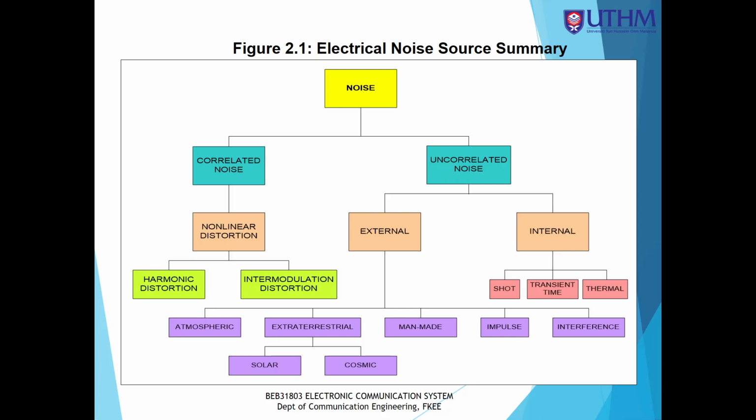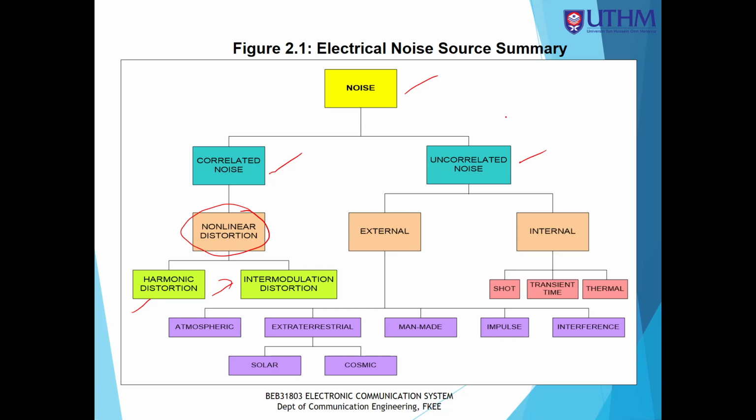And this is the family tree of noise. So for the types of noise, you see that here noise can be classified into correlated noise and also uncorrelated noise. Correlated noise is a non-linear distortion which can be divided into harmonic distortion and also intermodulation distortion.